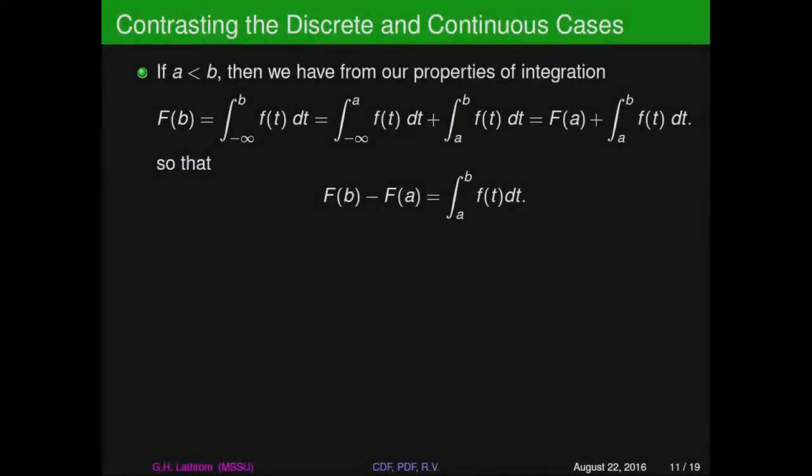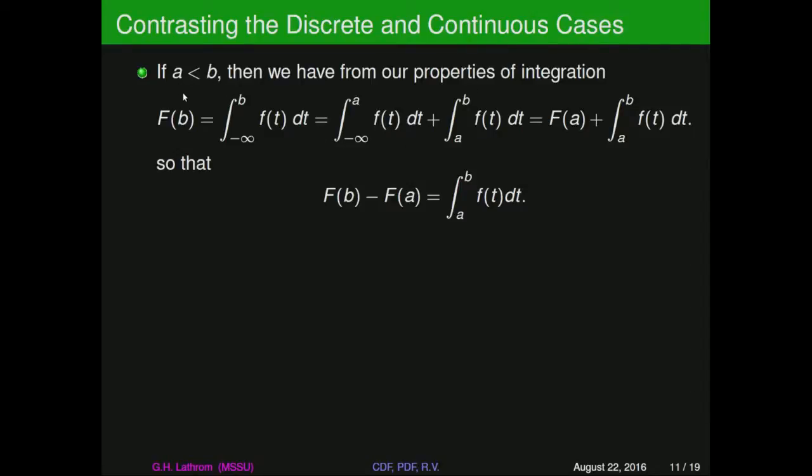Now let's take a look at a major difference between the discrete random variable case and the continuous random variable case. Okay.